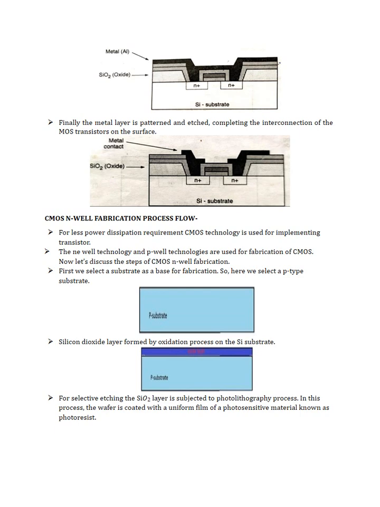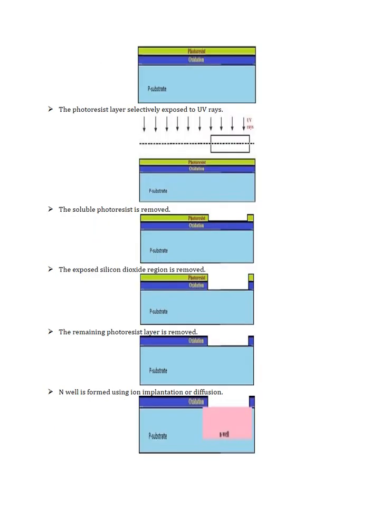In a similar way, we have CMOS N-well fabrication. If it is a CMOS N-well fabrication, the starting material will be a P-type substrate over which a silicon dioxide layer is grown using the oxidation process, and after that it is subjected to the photolithography process, so that first the N-well will be developed in this substrate.